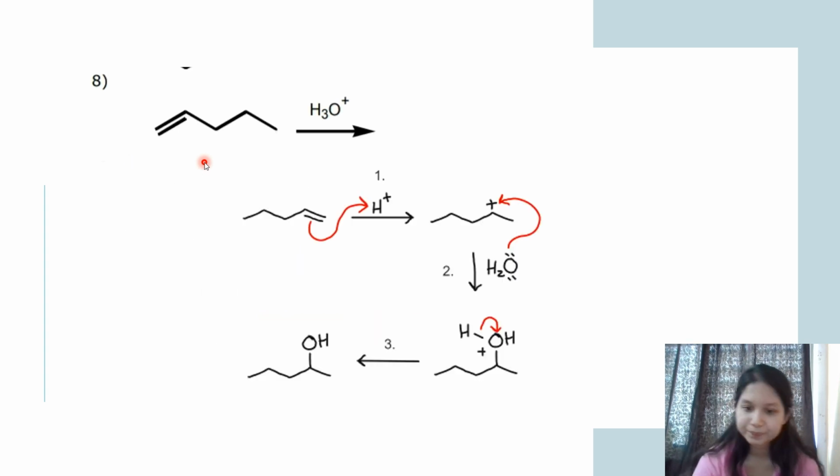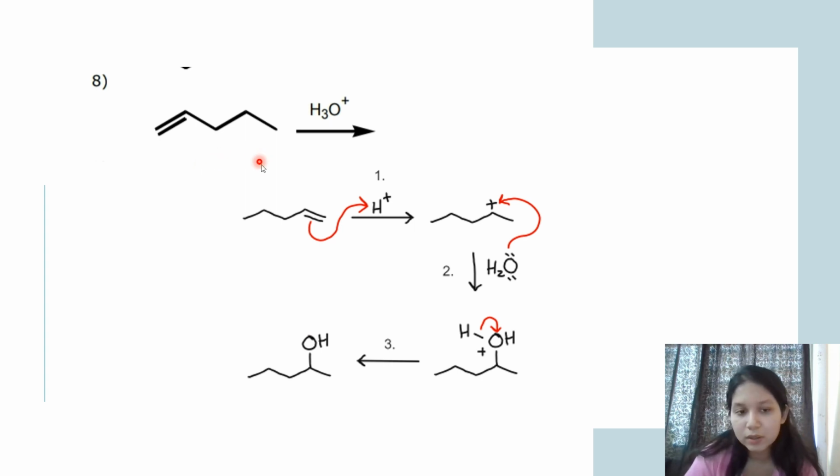But here you don't have a counter anion like the bromide or chloride which attacked the carbocation in earlier cases; here you have water molecules in the system. So in these cases water molecules will give the nucleophilic substitution.